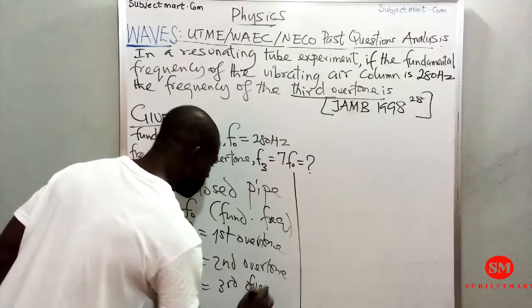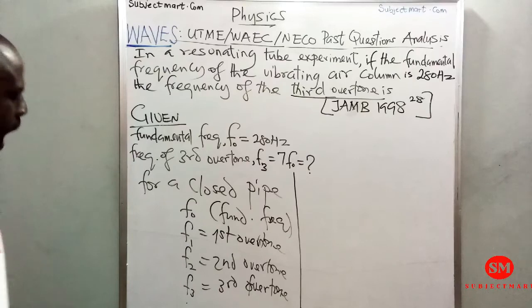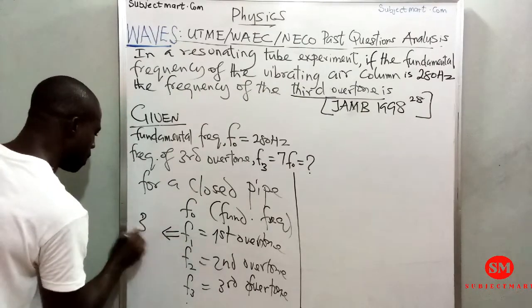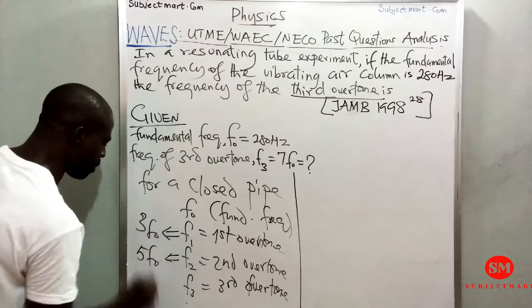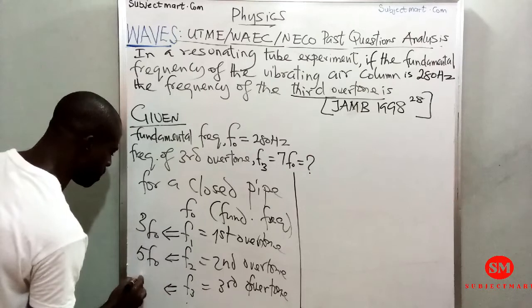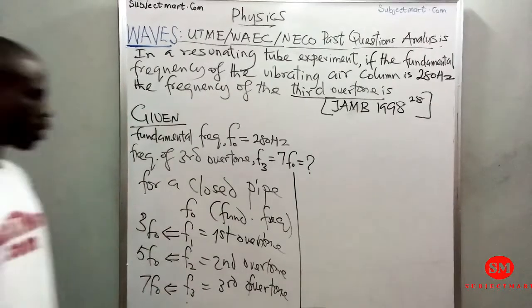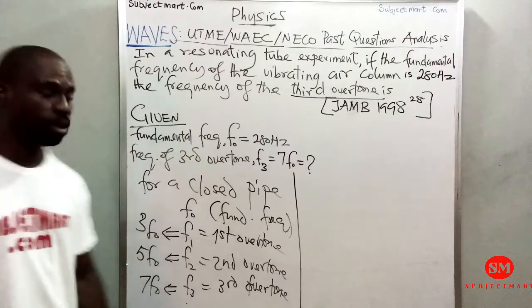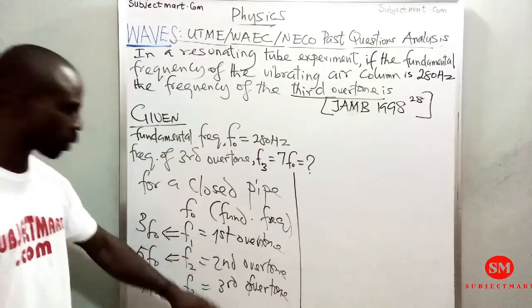We have to find the third overtone. This one is 3 F0, this one is 5 F0, this one is 7 F0. So for a closed pipe, these are the available harmonics and overtones: the first overtone, second overtone, and third overtone.